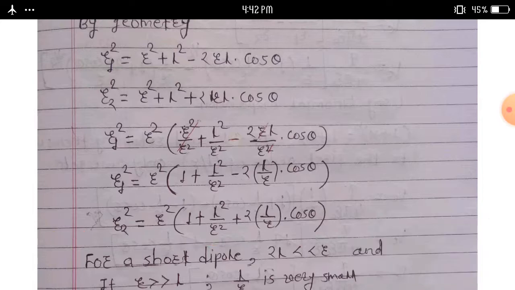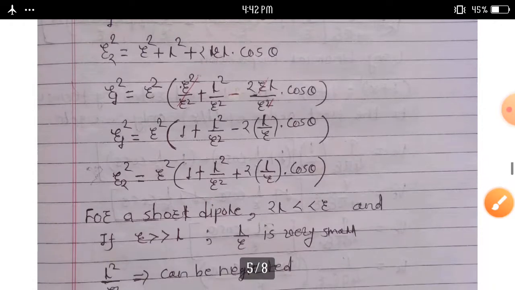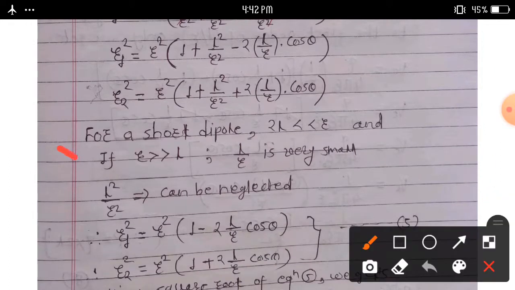Here, for a short dipole, 2l is less than r, and if r is greater than l, then l/r is very small, so l²/r² can be neglected.